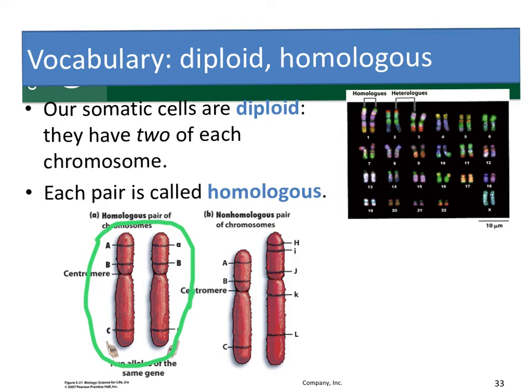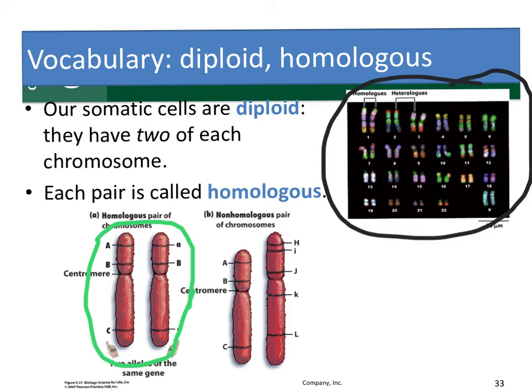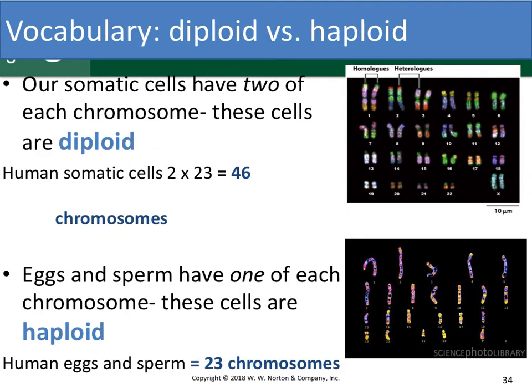Cats have 38. And remember, when you're undergoing meiosis, you end up with half the number of chromosomes total, but the same number of actual chromosomes. So if you have 38 homologous pairs, each gamete has one of each pair, and so there's 38 chromosomes.